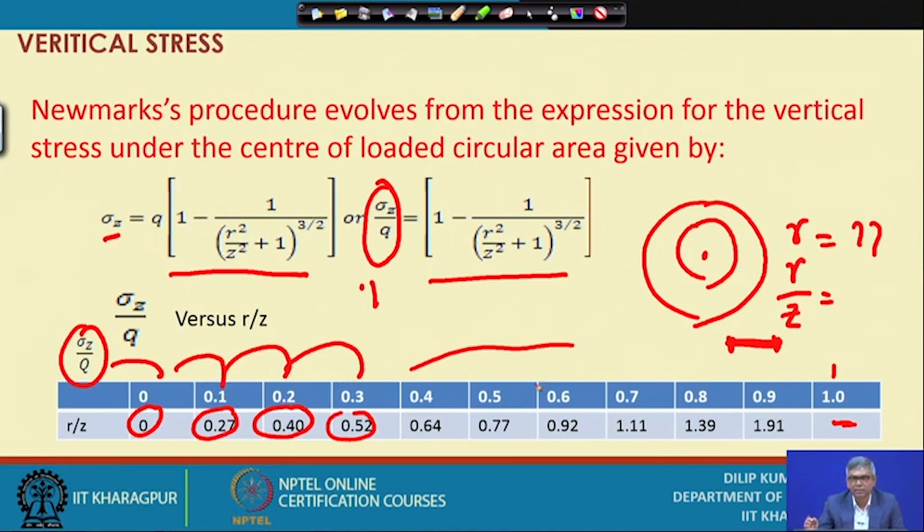What is the meaning of it? That means at 2 meter depth, if I want to get 10% of the surface load, then the circular area to be loaded at the surface will have some radius, suppose r1. At the same depth, if I want to get the pressure of 20%, then the circular area loaded will be different, suppose r2.